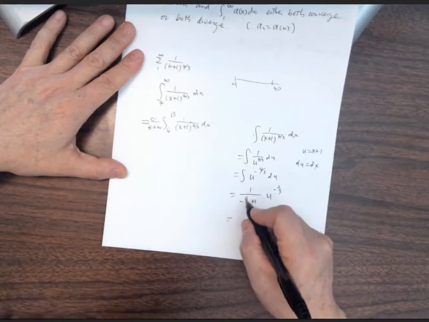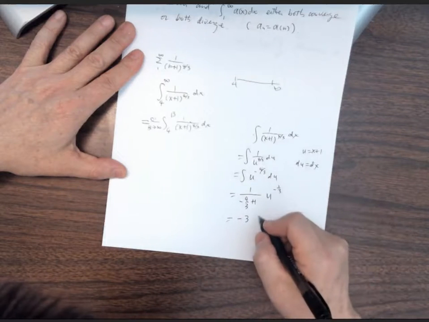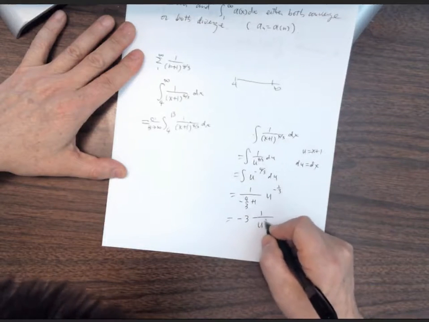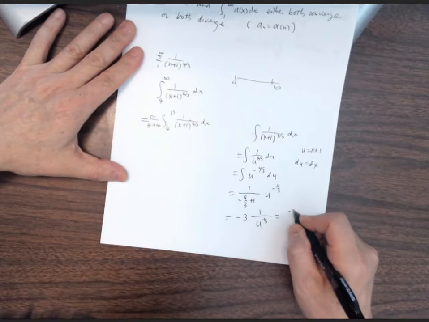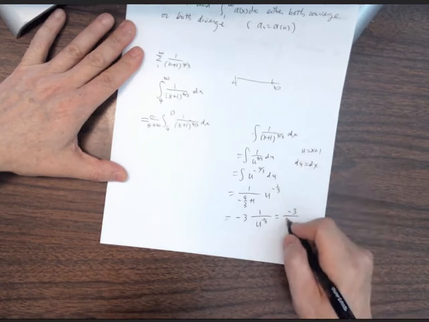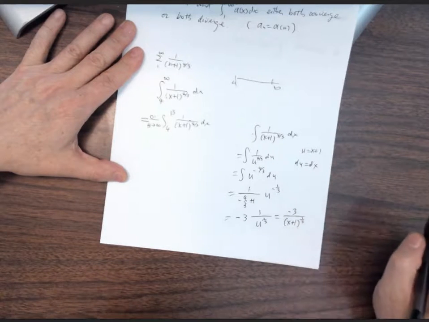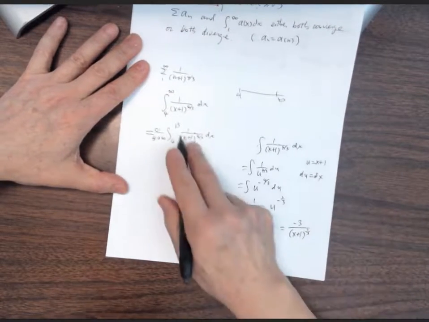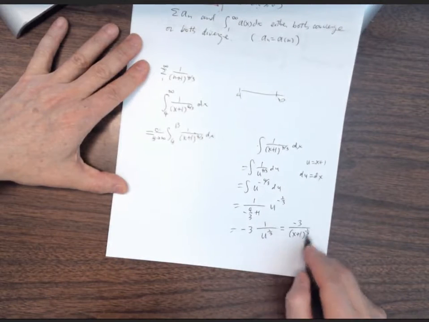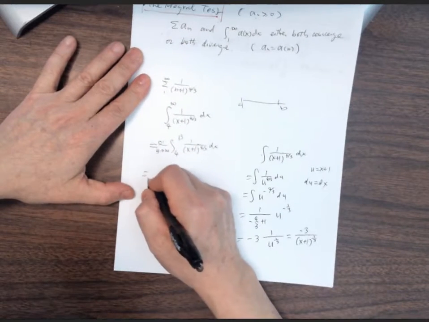This is negative 1/3, so it's a negative 3 times 1 over u to the 1/3, or negative 3 over (x plus 1) to the positive 1/3 power on the bottom. So that's the antiderivative, and then we plug in b for x, and 4 for x.